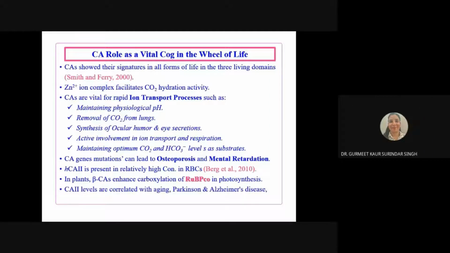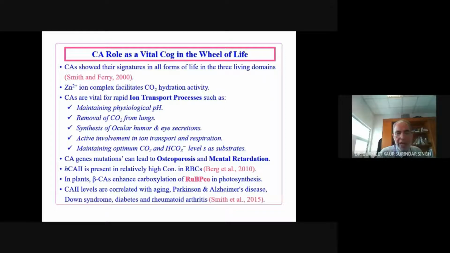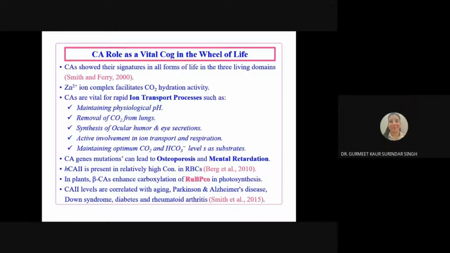And also carbonic anhydrase 2 is very important in Parkinson's disease, Alzheimer's, aging, diabetes, rheumatoid arthritis. All of these areas are yet to be fully understood.